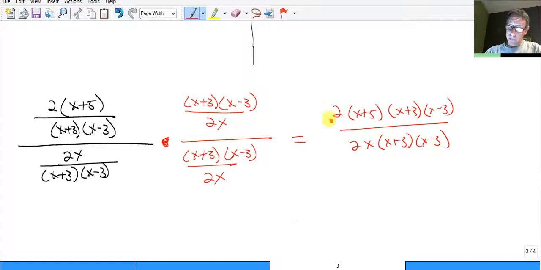So let's get rid of common terms. And my end result is going to be (x + 5) over x.